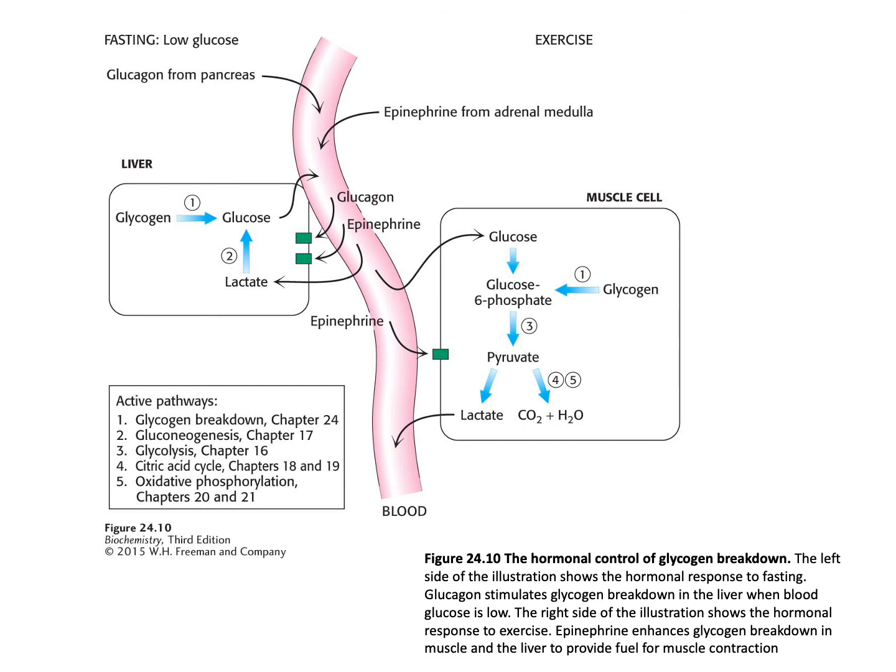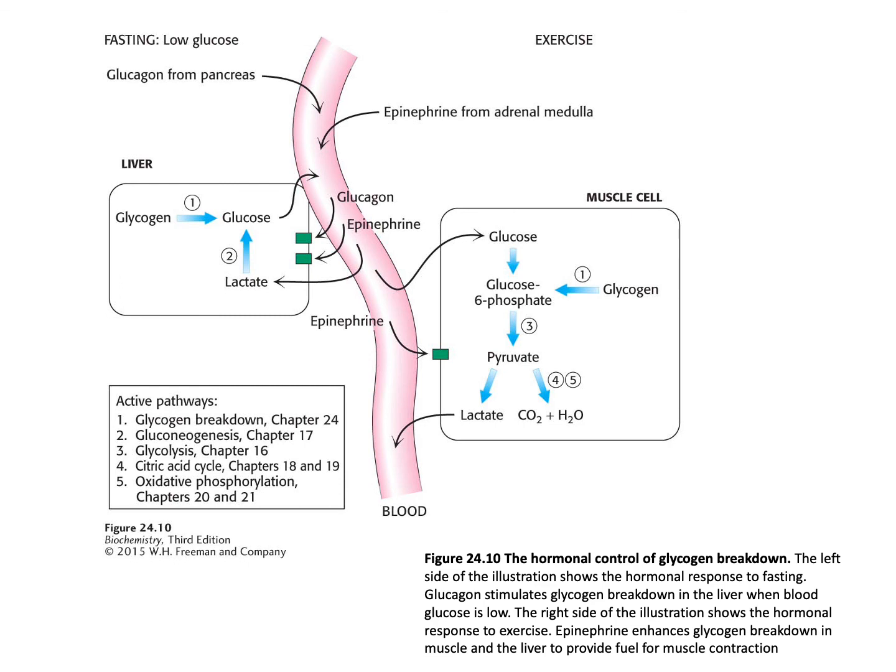In the muscle cell during exercise, glucose turns to glucose 6-phosphate, and glycogen turns to glucose 6-phosphate through glycogen breakdown, and glucose 6-phosphate turns to pyruvate through glycolysis.